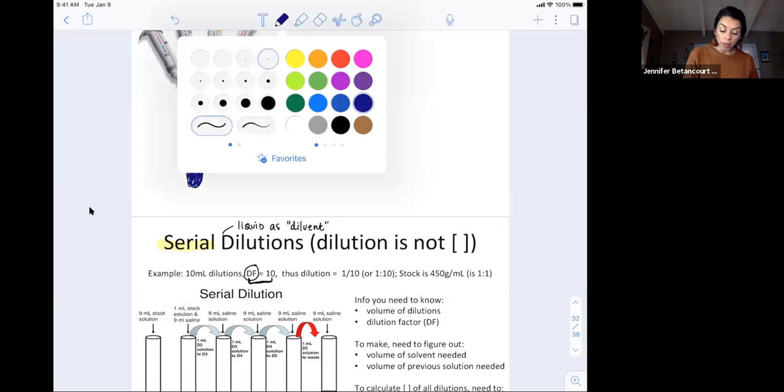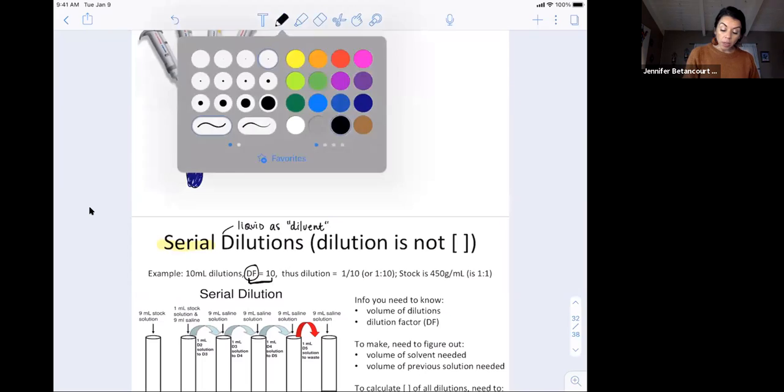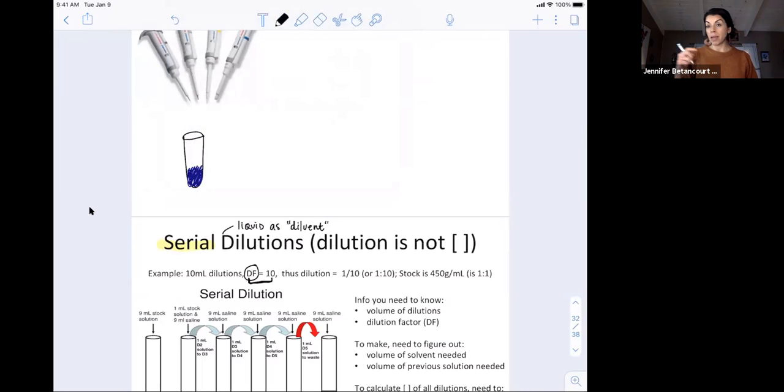And if you wanted to make a dilution at 10-fold, which means a factor of 10, which means DF equals 10, you're essentially going to decrease those number of blue molecules by a factor of 10.